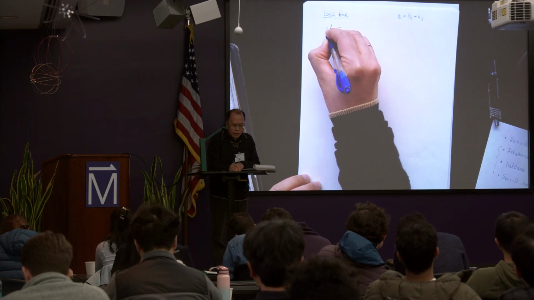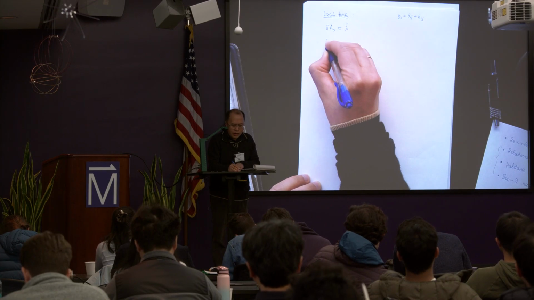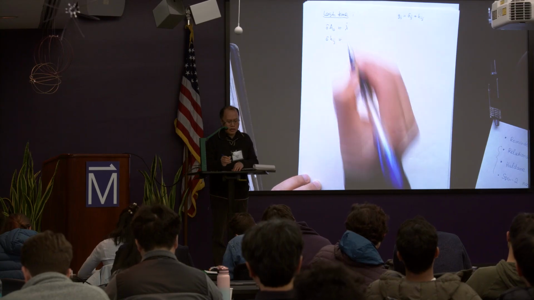Then the transformation for A0 and Hij looks like this.